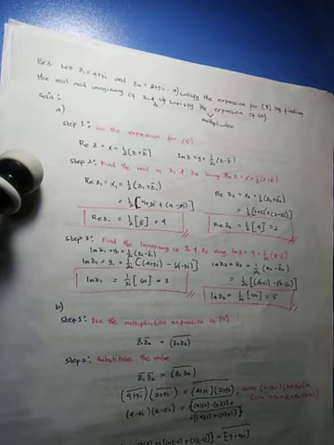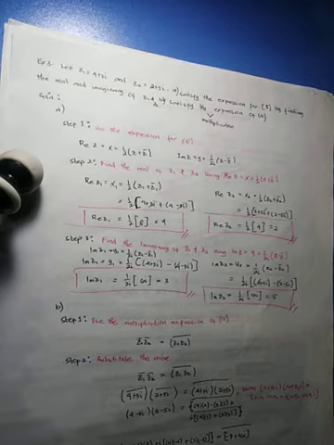Okay, so ibig sabihin nito, kung meron tayong complex number, hahanapin lang natin yung kanyang real at saka yung imaginary by taking the complex conjugate of this complex number, no? So what do you mean by complex conjugate?